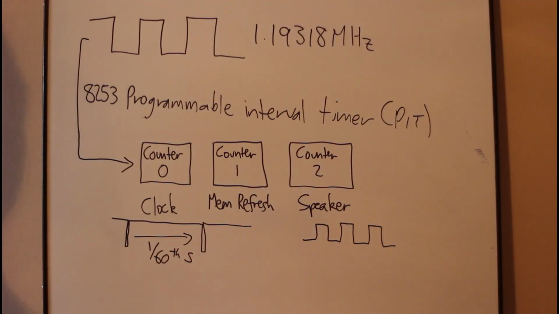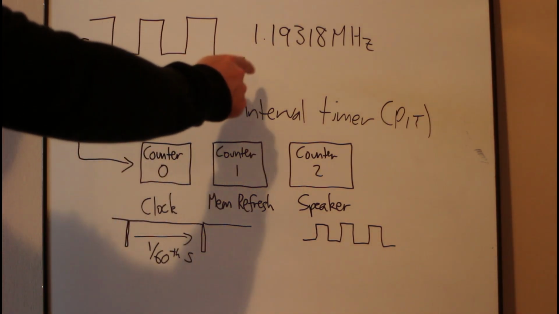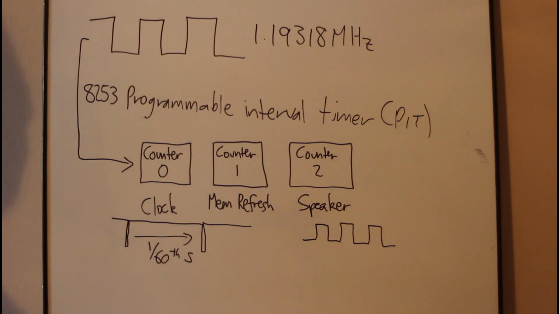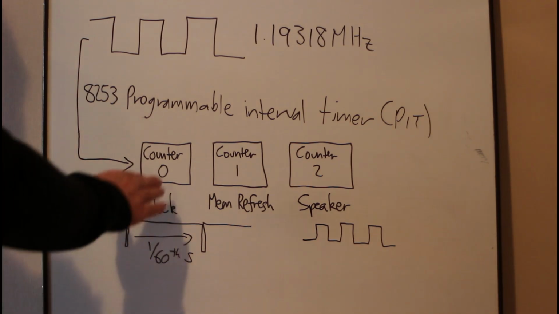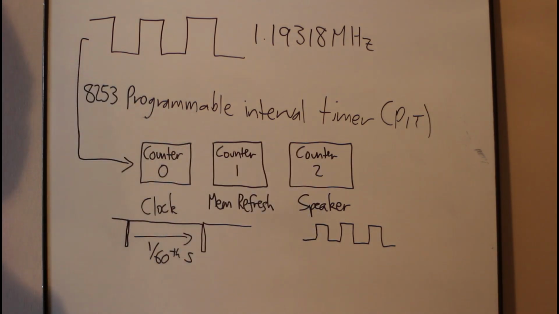Well, how do we get sound on the PC? And I'm afraid it's really very primitive. The system clock is divided down to a frequency of 1.19318 megahertz, and it's fed into a chip called the 8253, called the Programmable Interval Timer, or PIT for short. And it has 3 counters in it, and one of those counters, number 2, is connected to the PC speaker.